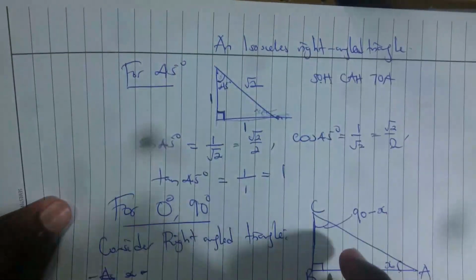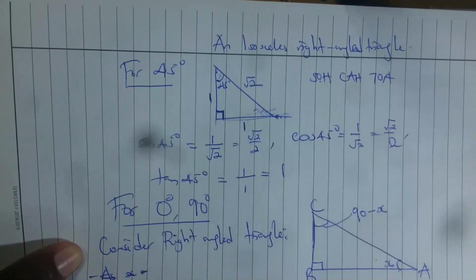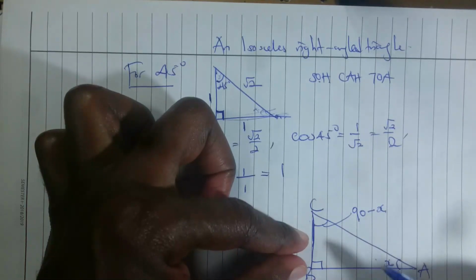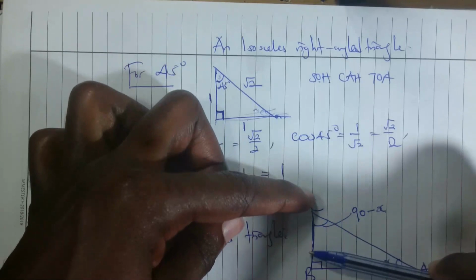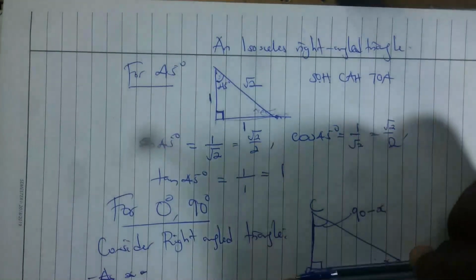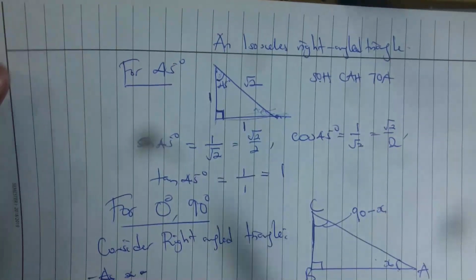We're using this right angle triangle of ours. As x goes to 0, BC will also reduce, tending to 0, and the hypotenuse AC will, after reaching this point, be the same length as AB.